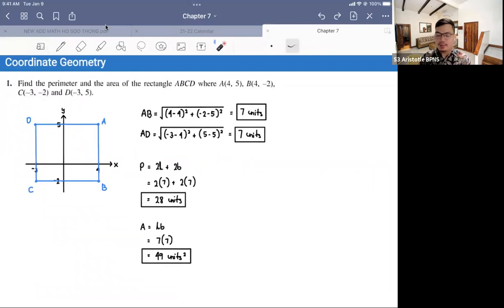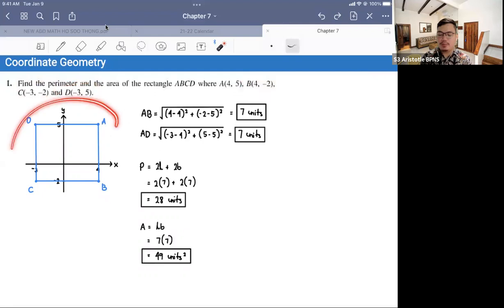Now, basically number 1 is asking us to find the perimeter and area of the rectangle ABCD, where point A is (4, 5), point B is (4, -2), C is (-3, -2), and point D is at (-3, 5). So again, there are two ways of answering this question.